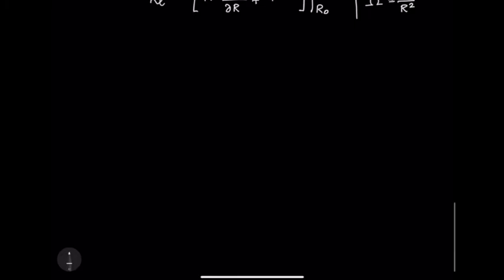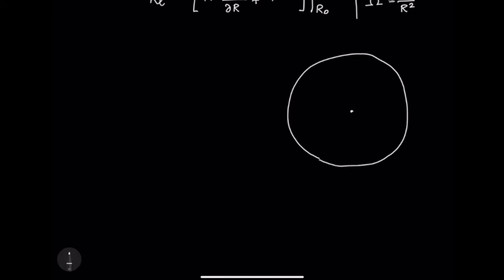So let me draw this orbit with the radius r0. Say I am sitting on this orbit and moving with the angular velocity omega at r0.